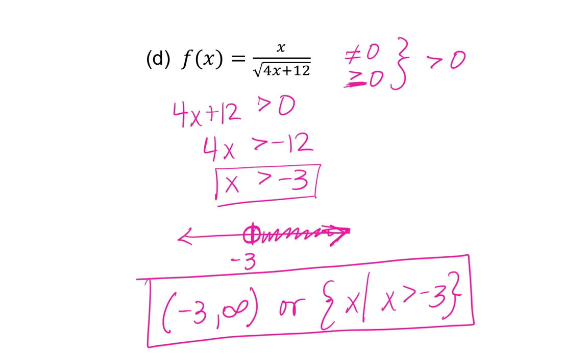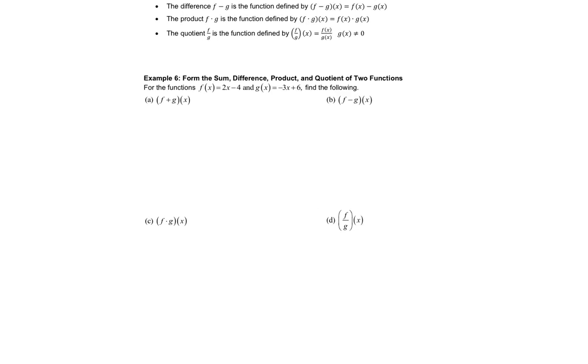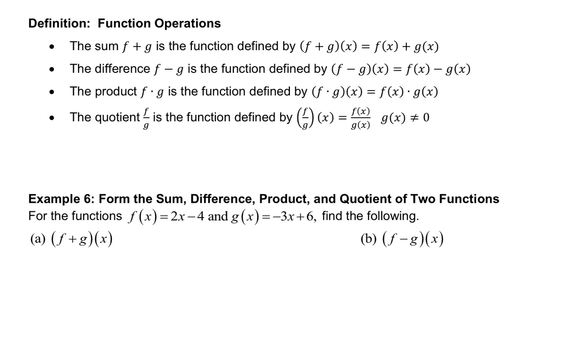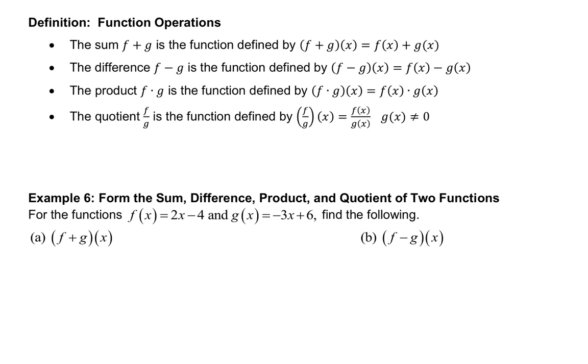All right, last part. I know there's a lot to these notes. So you have function operations. The sum is f plus g, defined by f plus g of x. So you just pull them apart: f of x plus g of x. The difference, f minus g, is notated as f minus g of x.